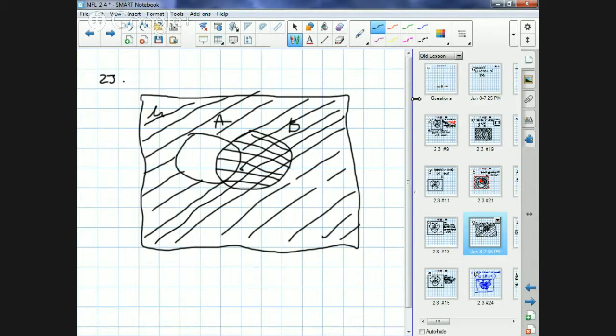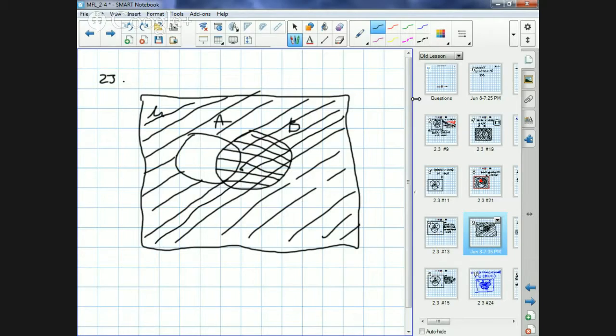Yes, that is the cross-hatched area. So intersections are always the cross-hatched area, and unions are all shading thrown together. Okay, cross-hatch is intersection. Yes. Another note for the notebook.